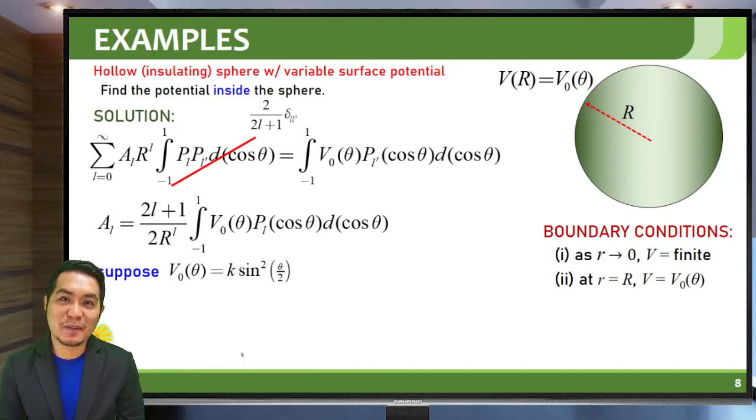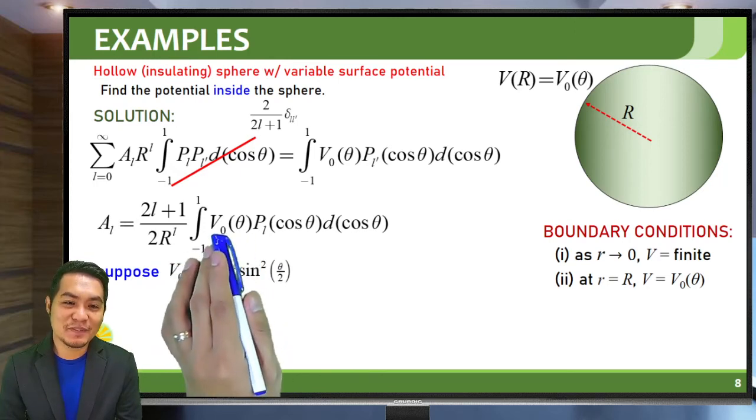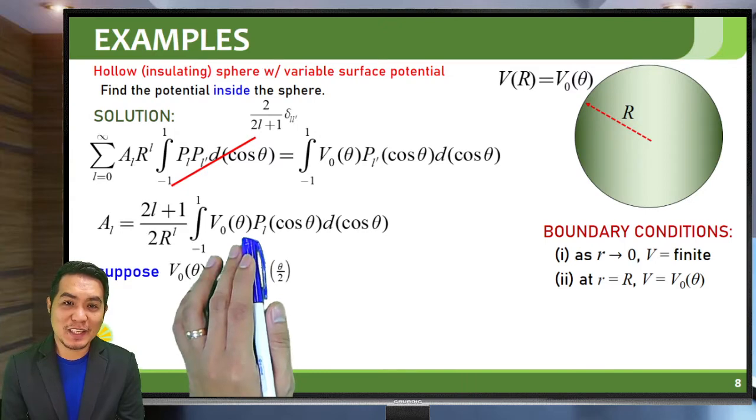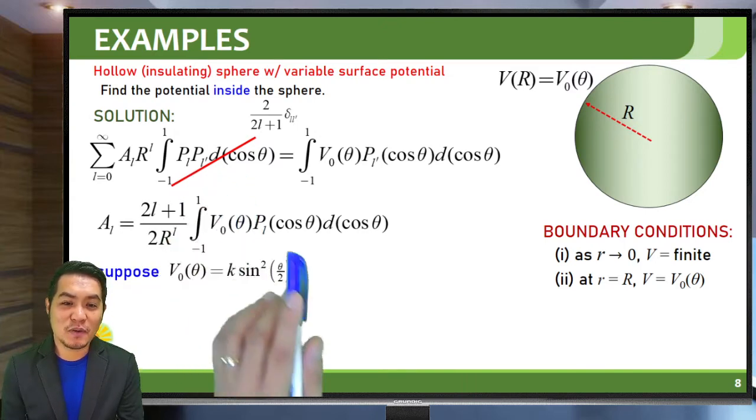Now, whenever you encounter Legendre polynomials inside your integral, it's easier to convert the functions in the integrand, beside your Legendre polynomials, into Legendre polynomials and take advantage of the orthogonality relation.